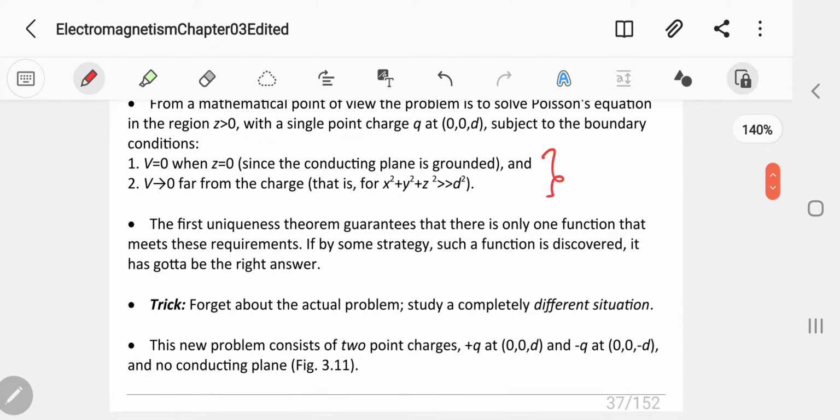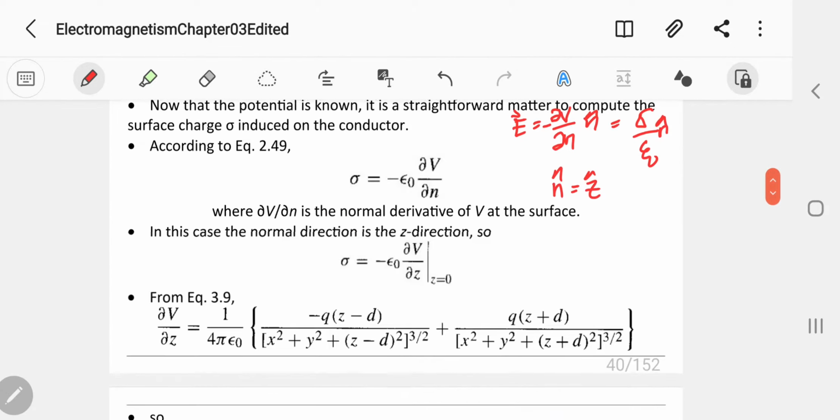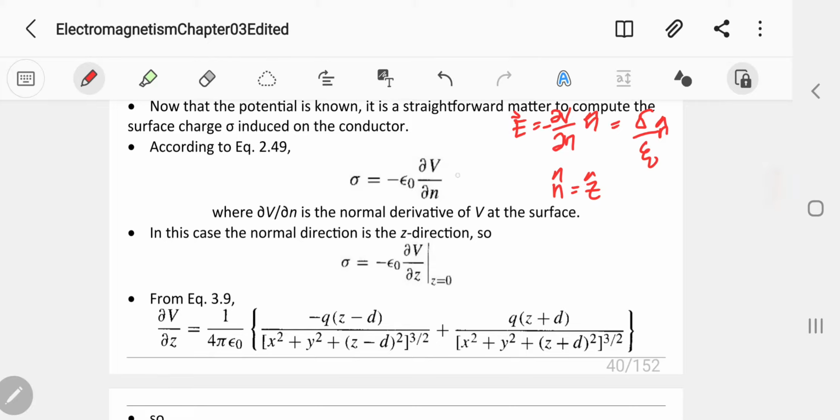So we can find the charge by this. We can cancel the direction here and do some algebraic manipulation, and then we get the derivative of V with respect to z, evaluated at z equal to 0 because the plane is located at z equal to 0. When you get the partial derivative of V with respect to z, it's just this.